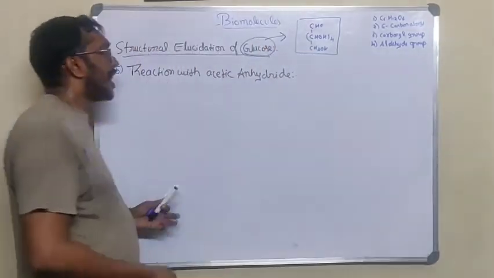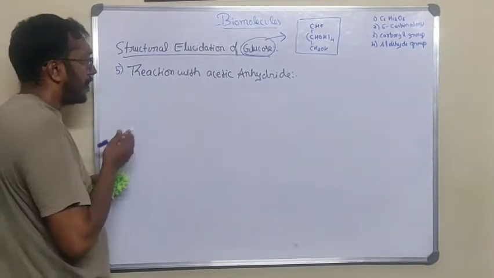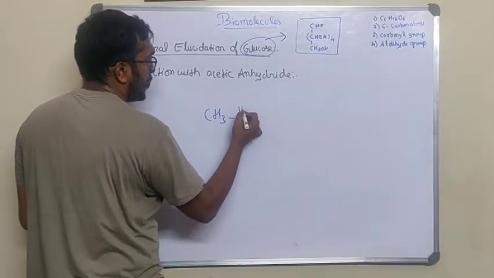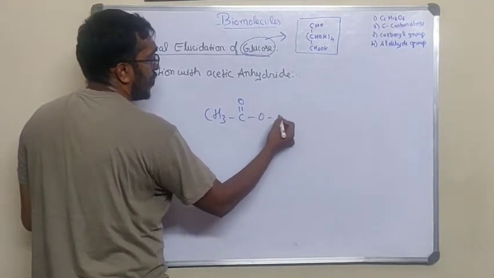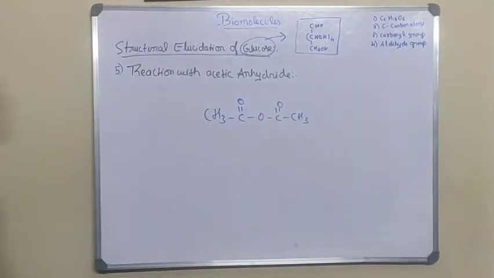Okay, acetic anhydride. The formula will be CH3 C double bond O, bond, C double bond O, bond CH3. This is acetic anhydride.